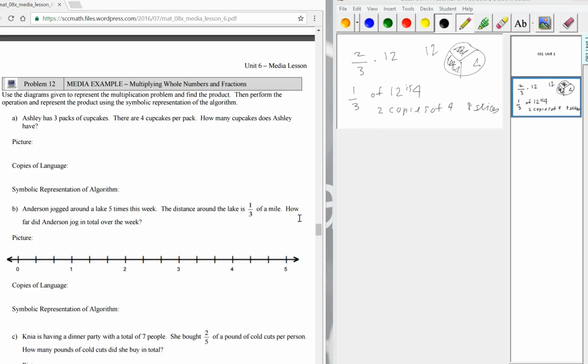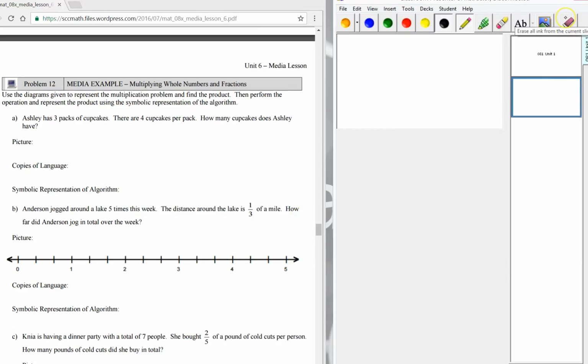Then we're going to look at multiplying whole numbers and fractions. Remember the last one, we were multiplying fractions and whole numbers. So yes, multiplication is commutative, but if we're using copies, 1/3 times 5 is 1/3 of a copy of 5.